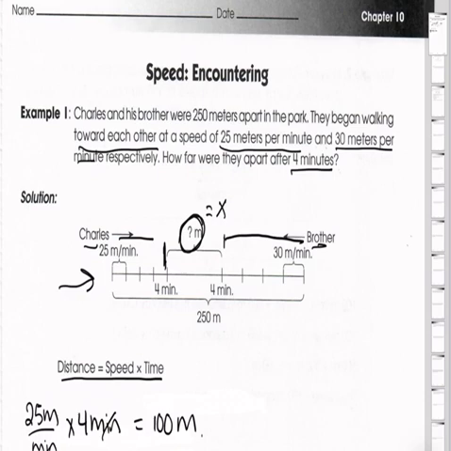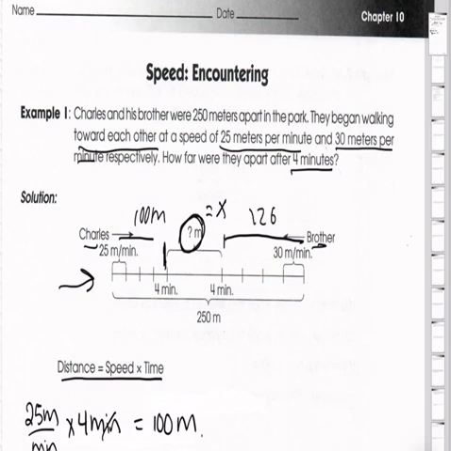And it's good to keep track of the units by crossing things out, just to make everything more organized and make sure you understand what's going on. So Charles traveled 100 meters in 4 minutes. And his brother, we can figure that out by doing the same thing. His brother traveled 30 meters per minute for 4 minutes. So we know that he went 120 meters.